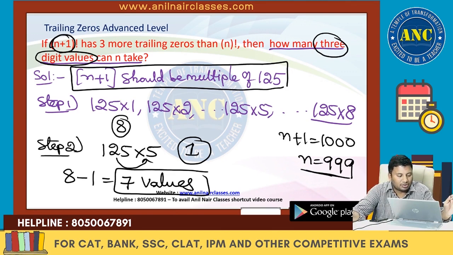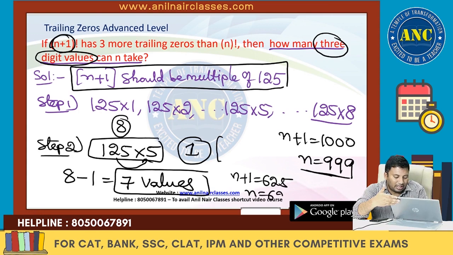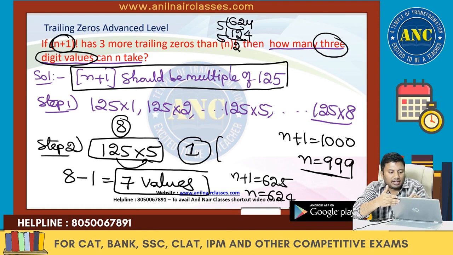Total 8 values I will get, out of which one value, which is the 5 multiple of 125, should be eliminated. Why? Because if n plus 1 is 625, n value will become 624. Just check it out. 624: 5 12s are 60, 5 4s are, again 5 2s are 20, 5 4s are 28.